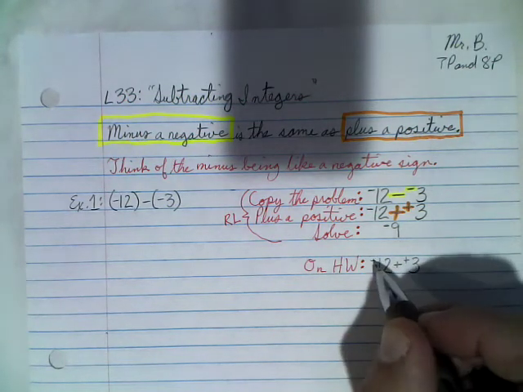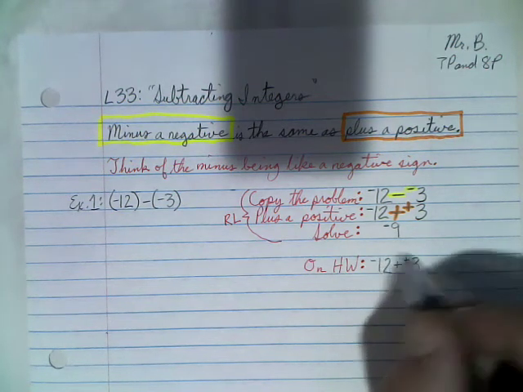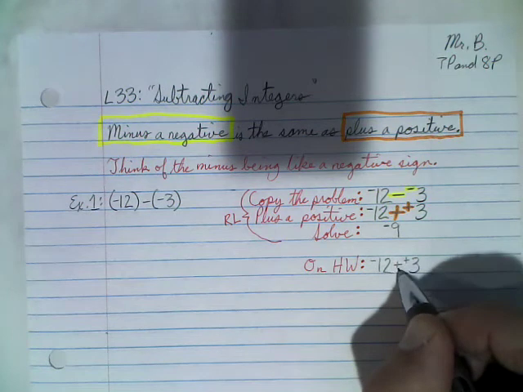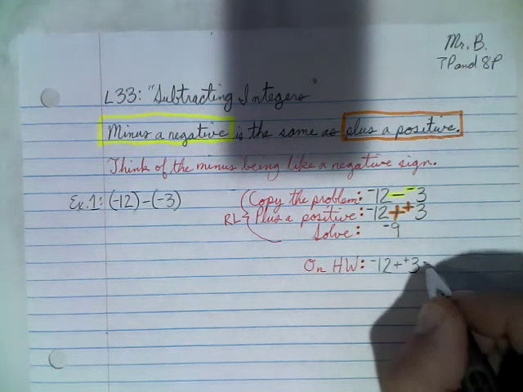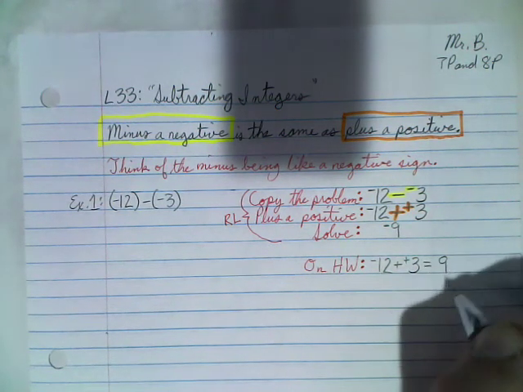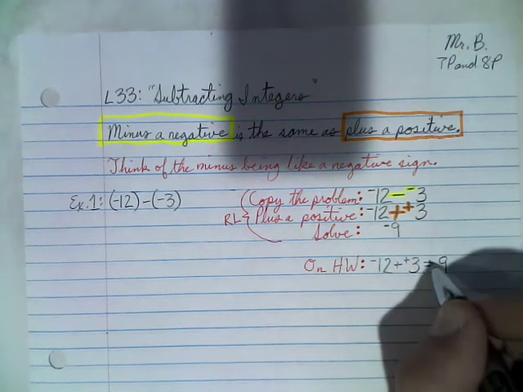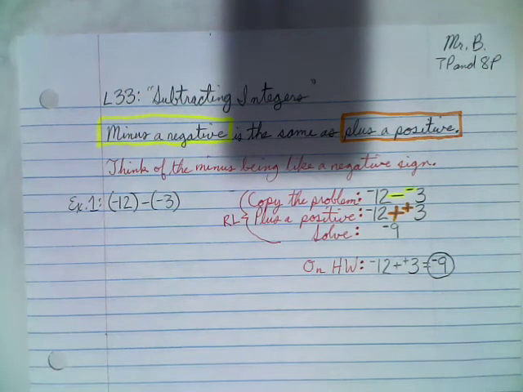So copying negative 12 minus negative 3 was copying the problem. Putting this line and that line was my work to change it into plus a positive. And then as we've already discussed, they have opposite signs, so we're going to subtract them. 12 minus 3 is 9, and the bigger number is negative, so negative 9. So that's what that red light problem would look like on the homework.